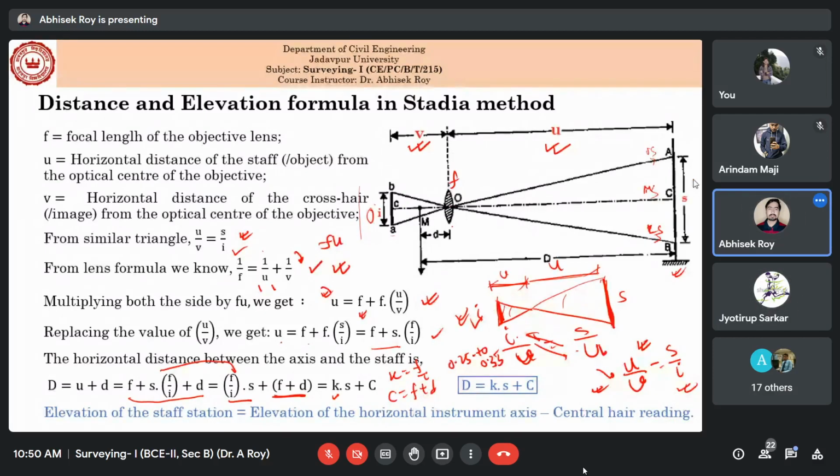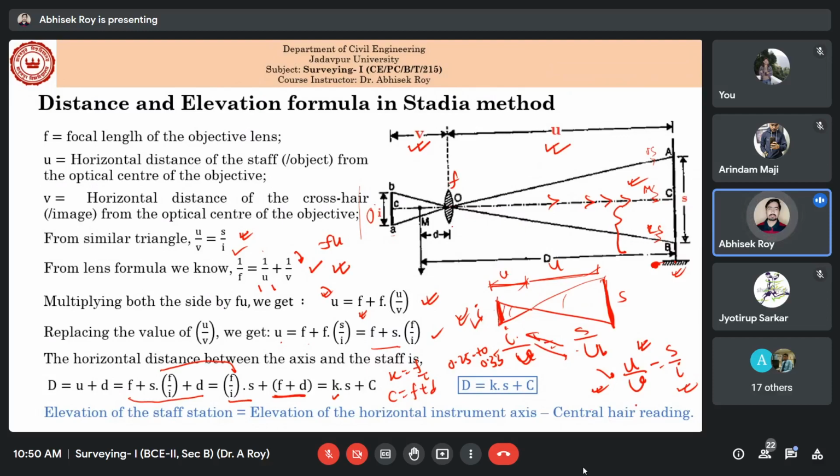Okay. Now, how to calculate the elevation of the staff station? That means the RL of this point. That will be simply calculated if you know the height of the instrument or the elevation of the line of collimation. From that you will deduct this reading, which you get from the middle stadia or simple horizontal crosshair, also written as central hair reading.